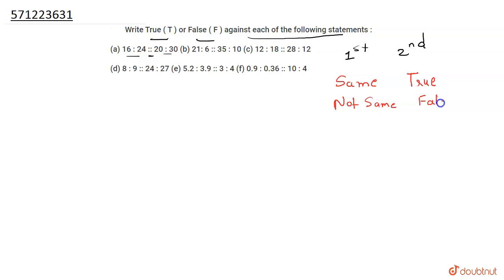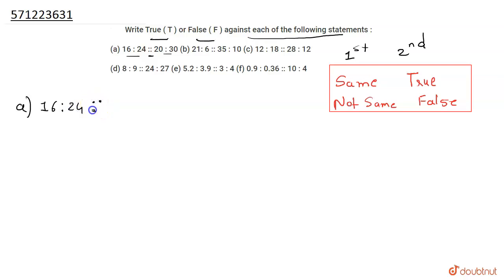Okay, so just remember this and find the statement. The first question is 16 ratio 24 in proportion with 20 ratio 30.